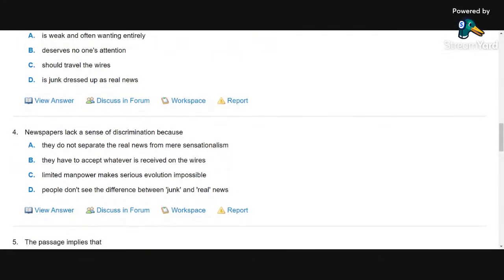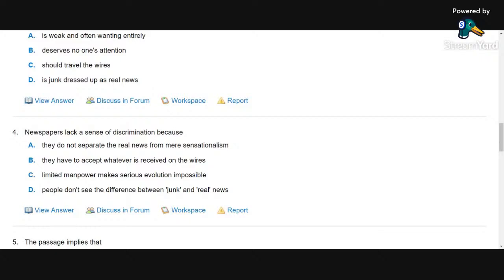Newspapers lack a sense of discrimination because: option A, they do not separate the real news from mere sensationalism; option B, they have to accept whatever is received on the wires; option C, limited manpower makes serious evaluation impossible; option D, people don't see the difference between junk and real news.